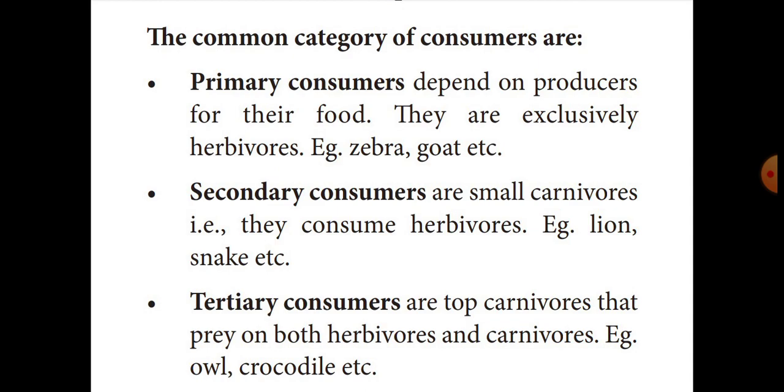Consumers have three categories: primary, secondary, and tertiary consumers. Then the third category of biotic components is decomposers.